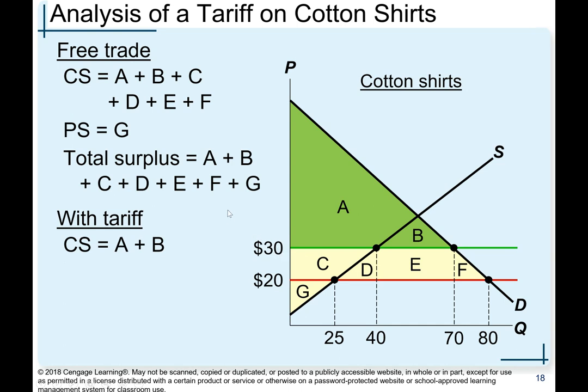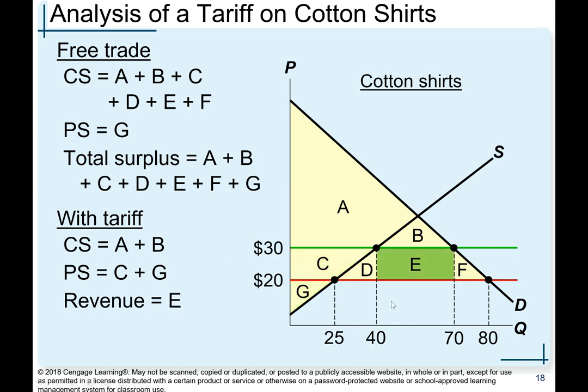So consumer surplus will drop to this green area, A, B. In other words, consumers will lose this area here, C, D, E, F, which was consumer surplus before. Now it is A and B. Producer surplus increases from G to G and C. So producers, obviously, the tariff benefits producers. So producer surplus increases.